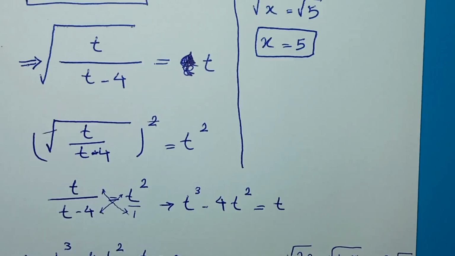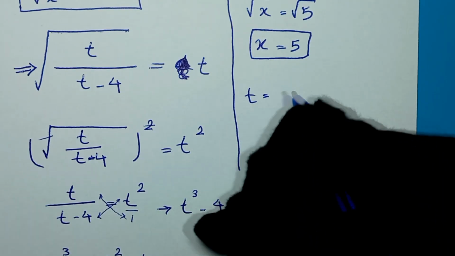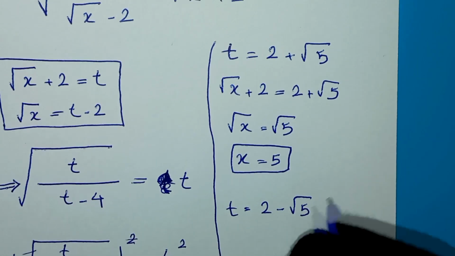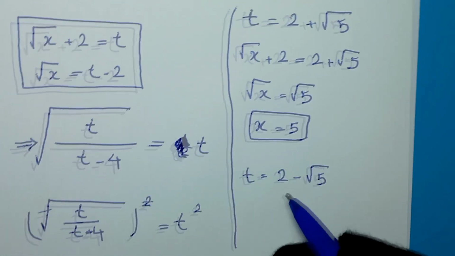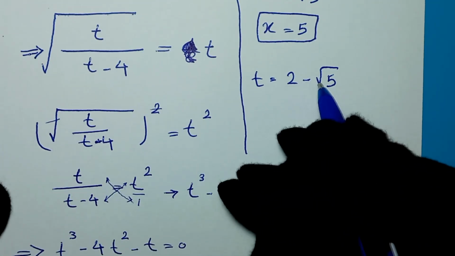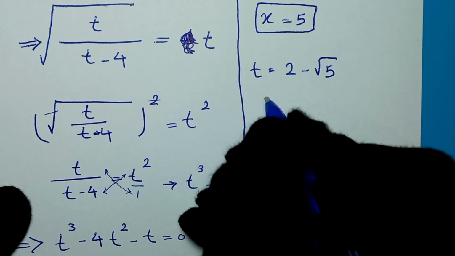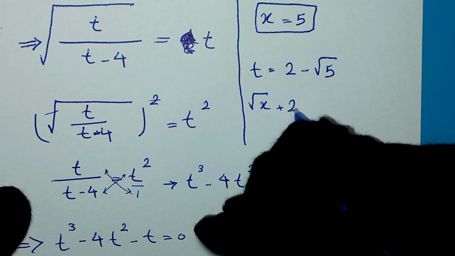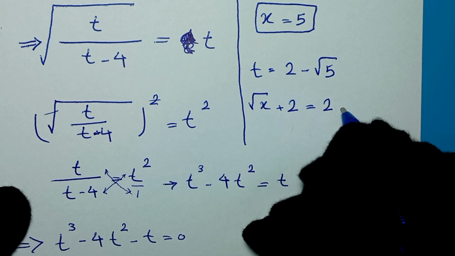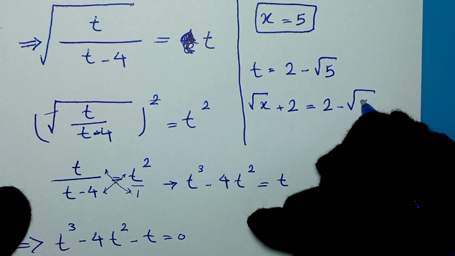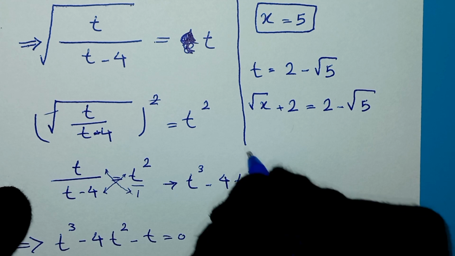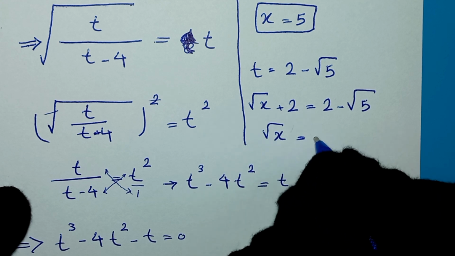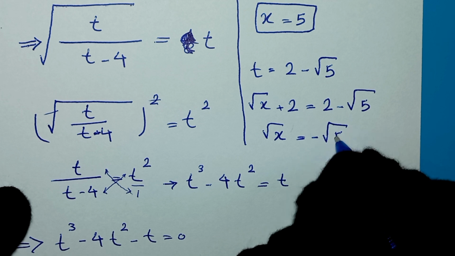And also, t is equal to 2 minus square root of 5. In here, we write positive square root of 5, and in here, negative square root of 5. Okay? So square root of x plus 2 is equal to t, and t is 2 minus square root of 5. And in here, square root of x is equal to negative square root of 5.